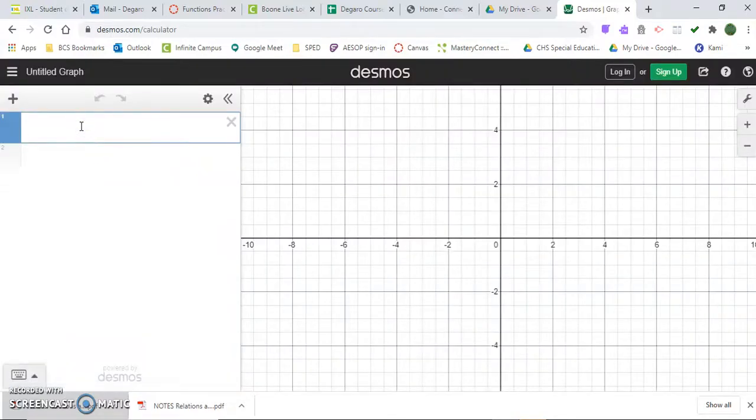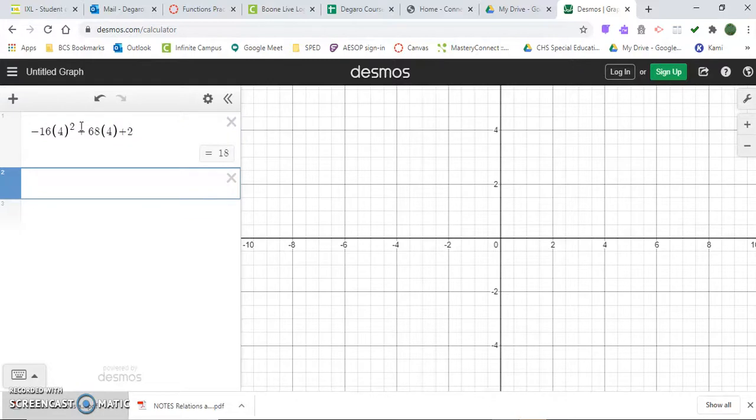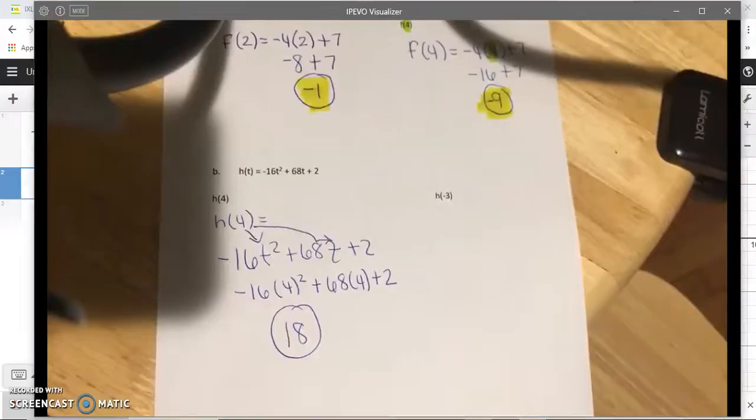So you have -16 parentheses 4 to the second power, so caret 2, go to the right, plus 68 times 4 plus 2. And it gives us 18. So our answer is 18.